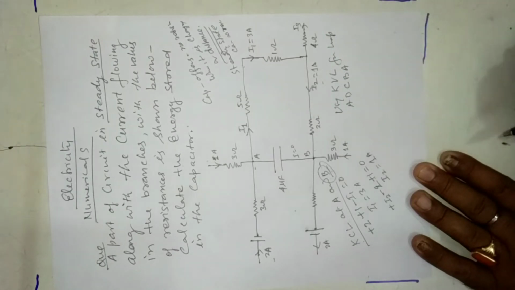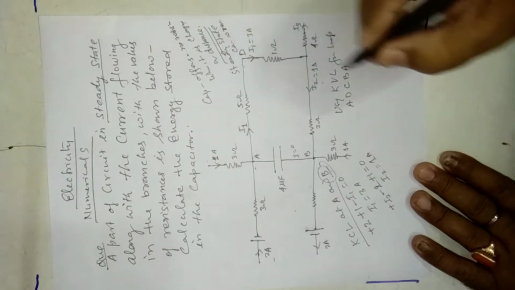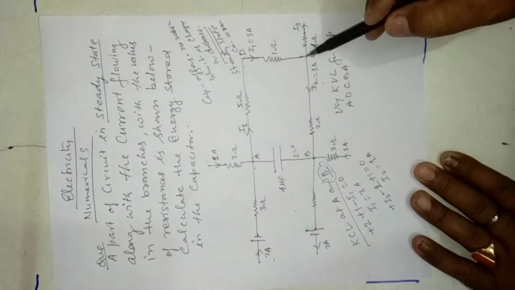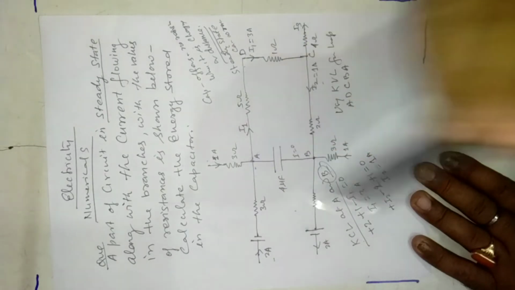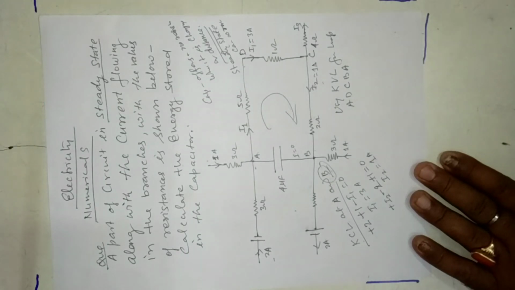Here you can see A, this point is D, this point is C. So A, D, C, B, A. In this loop, we are moving along this direction, and we will use here Kirchhoff's voltage law.